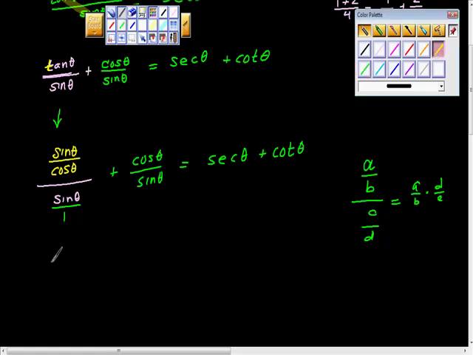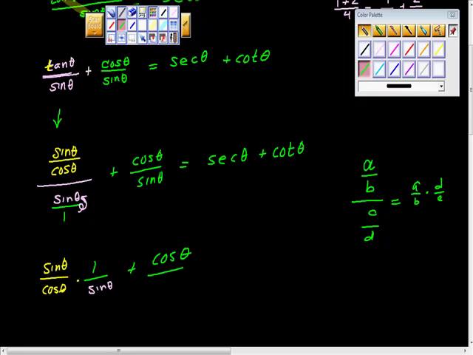I'm going to take my sine theta over cosine theta times 1 over sine theta, right? I took the reciprocal of this, right? And look what happens here. Oh, let me just be consistent.